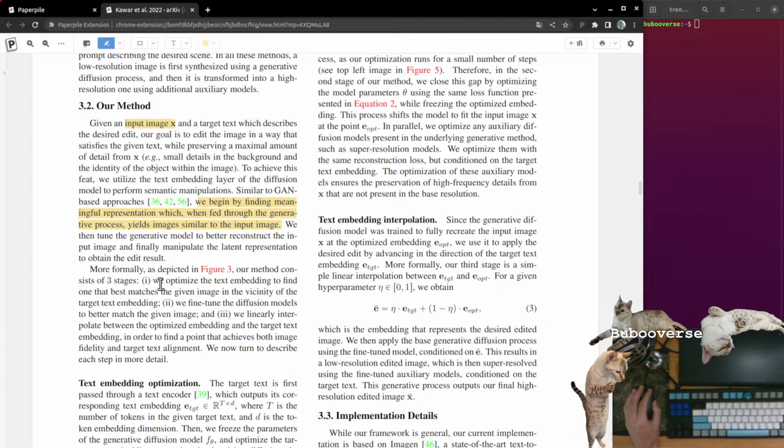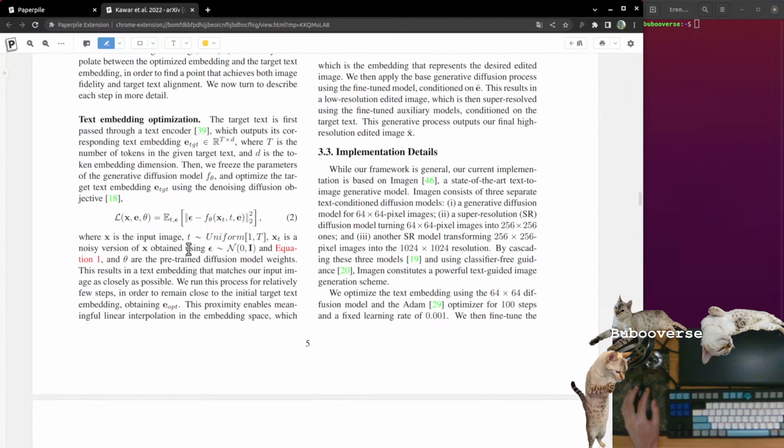Our method consists of 3 stages. We optimize the text embedding to find the best matches. Optimize is a very generic word. We don't know what that means. Okay, well, actually, here you go.